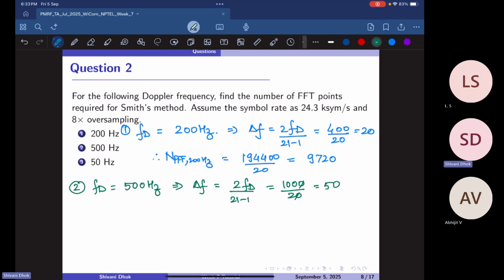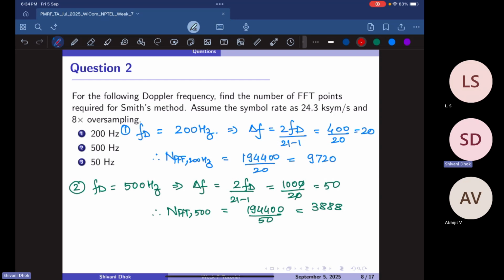So therefore the number of FFT points for 500 comes out to be equal to 194400 divided by 50, which is equal to 38808.